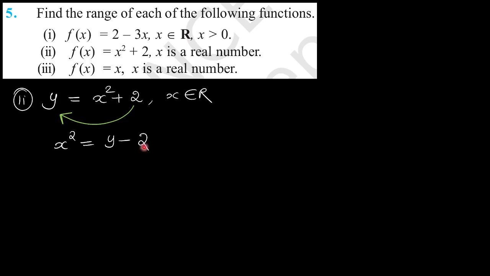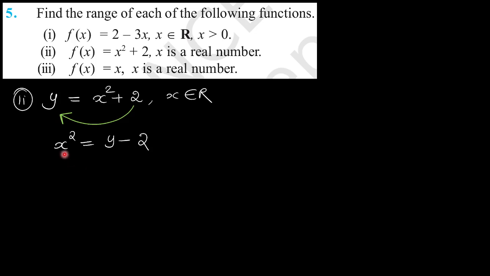So as I told you, either x equal to form or x square equal to form. This is the general way of finding the range. If you look at this equation, you will get a good idea about the possible values of y. I think I discussed this type of problem.